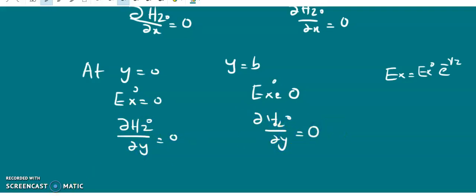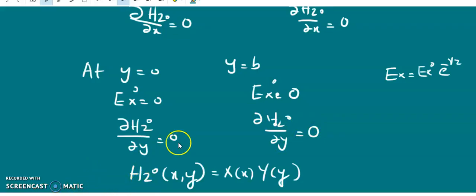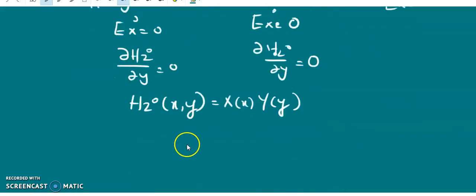So applying these boundary conditions for the solution of the Helmholtz equation in Hz0 by the method of separation of variables. We have done the same procedure in the case of TM waves. So here also the same procedure is there, but the only difference is that the boundary condition is for the derivative. In the previous case, the boundary condition is for the electric field, and here the boundary condition is not for the magnetic field, but the derivative of the magnetic field.